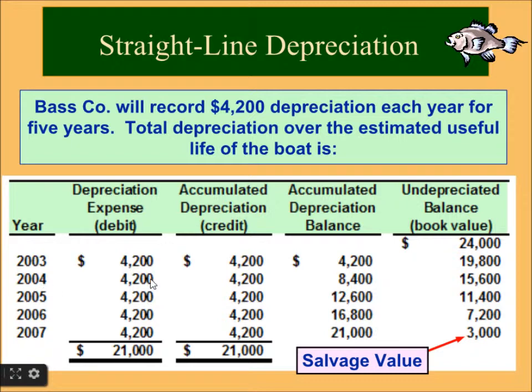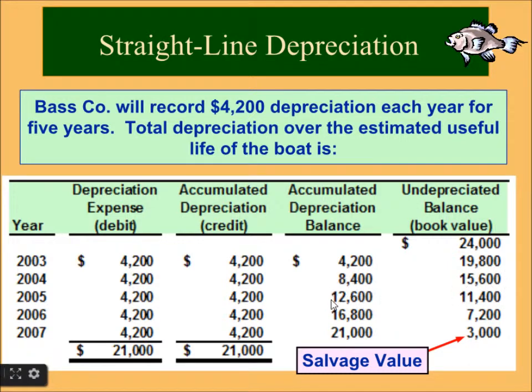Then in 2004, again the depreciation is 4,200, and the accumulated depreciation balance is the total of the past 2 years, which is 8,400. Again we will deduct 4,200 from the 19,800, which was the balance at the end of 2003. At the end of 2004 we will get this balance.